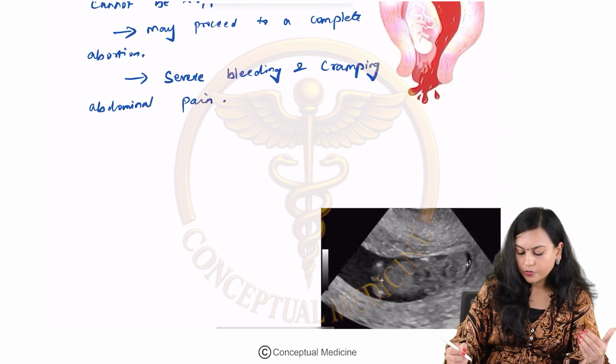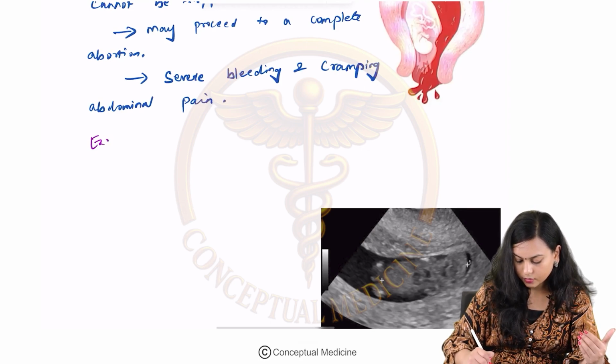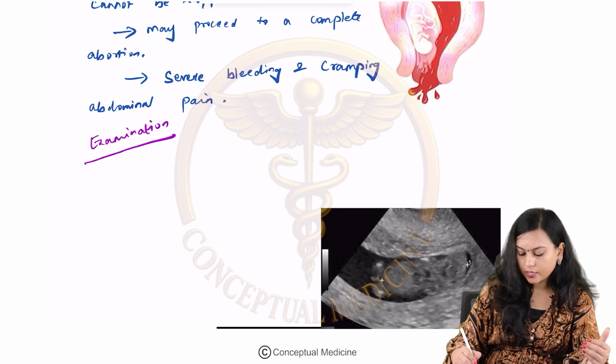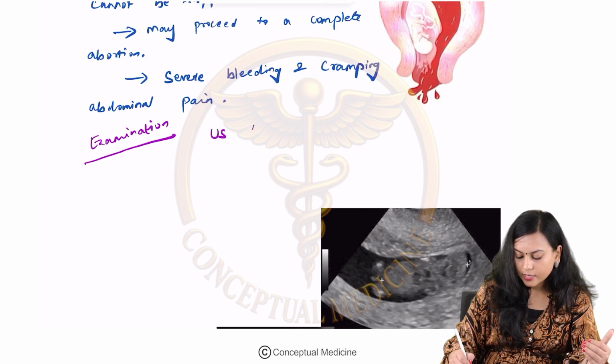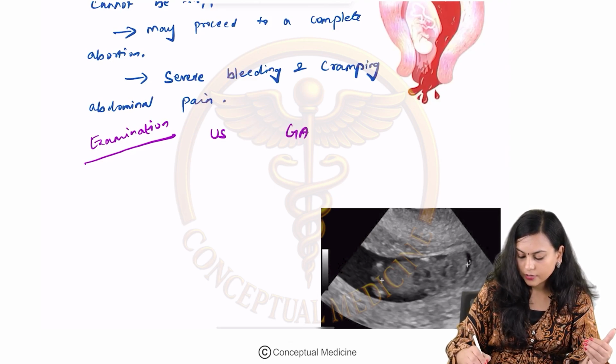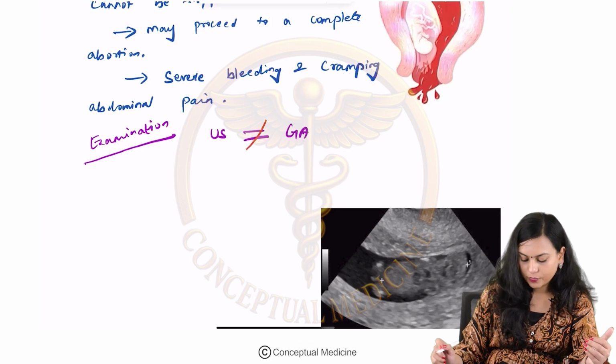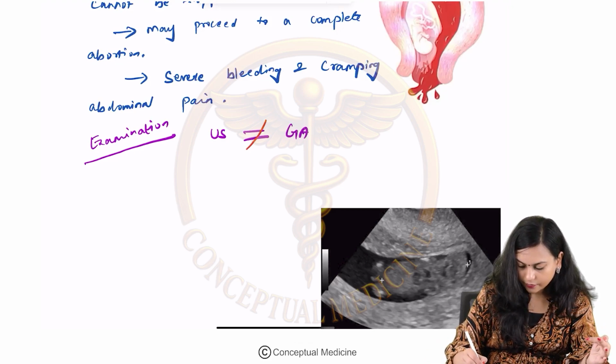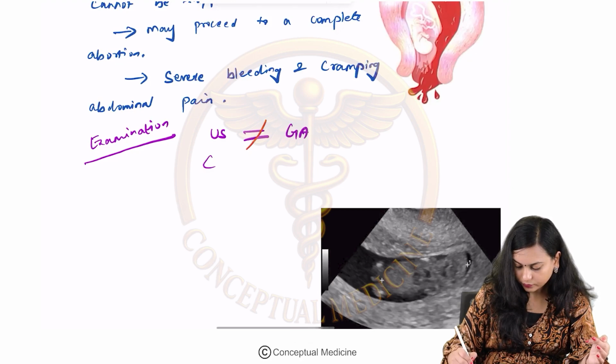When you do an examination, you will be able to appreciate that the uterine size does not correspond to the gestational age. That means it is not equal to the gestational age, and the cervical os can be open.